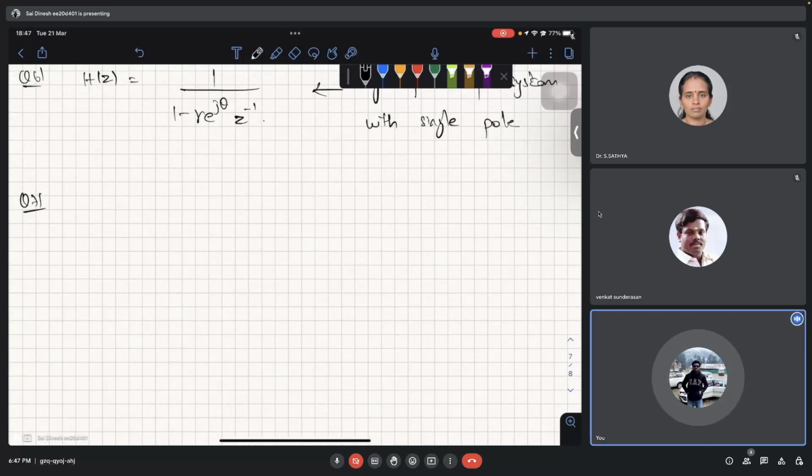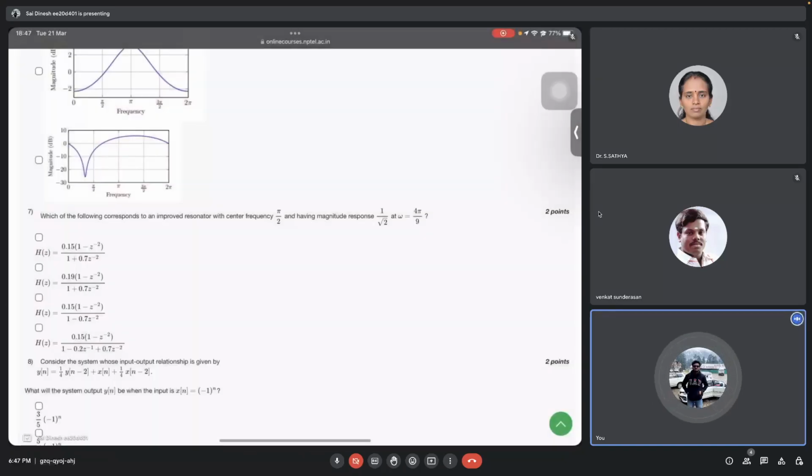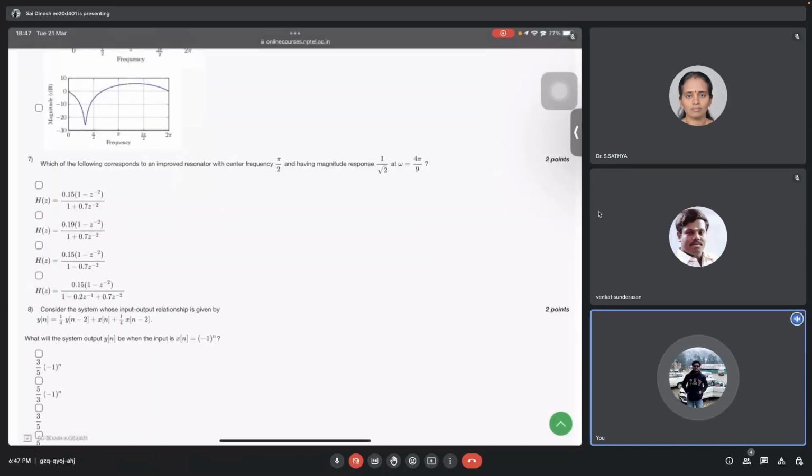Which of the following corresponds to an improved resonator with center frequency pi by 2 and having magnitude response 1 by root 2 at omega equal to 4 pi by 9?